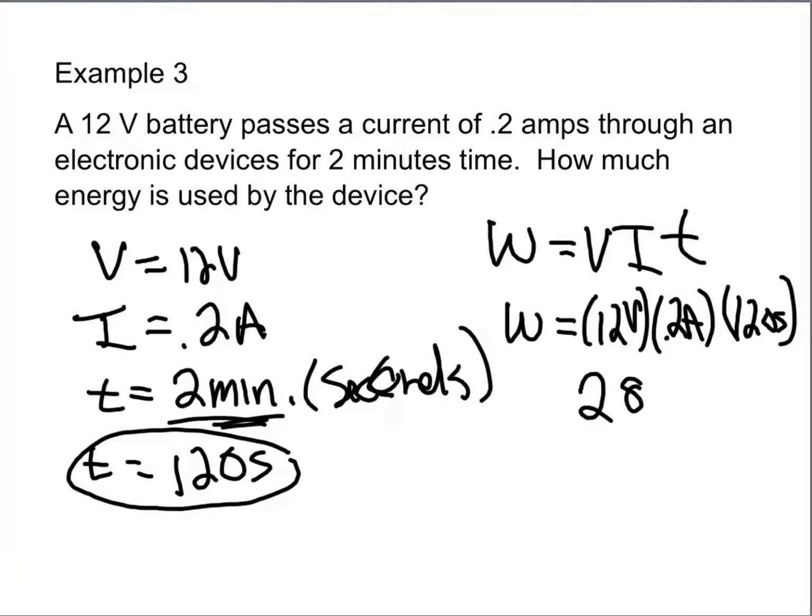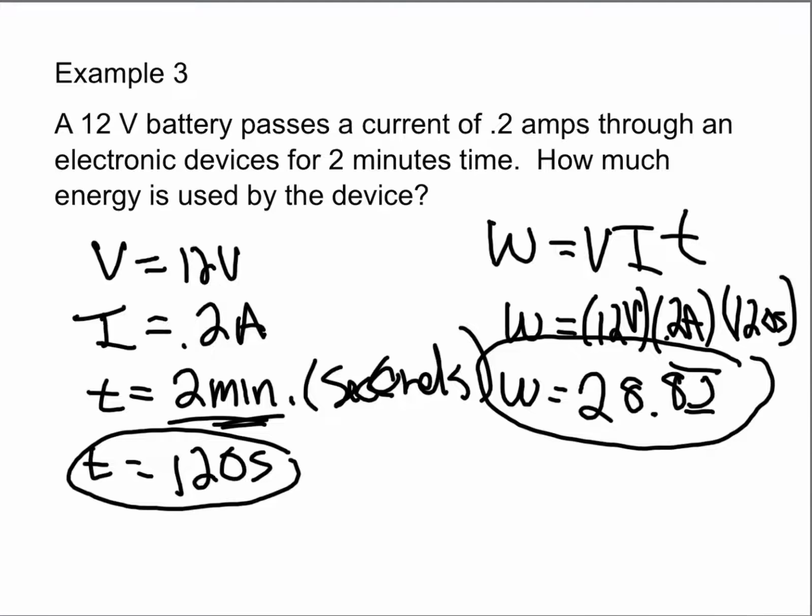And that should come out to be, unless I'm doing my math wrong, 28.8, because we got 144 times 2 would be 288, but it's not 2, it's 0.2, so it's 28.8 joules. Remember, this could be joules.